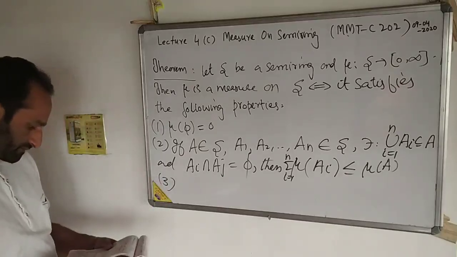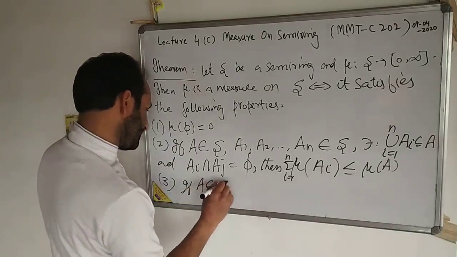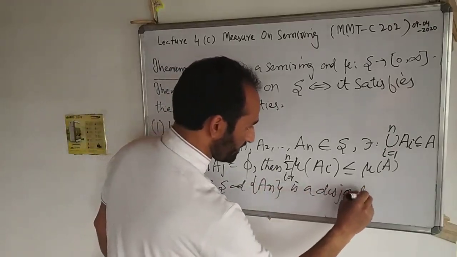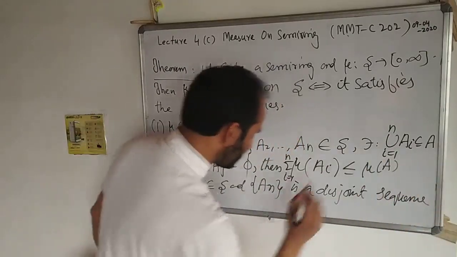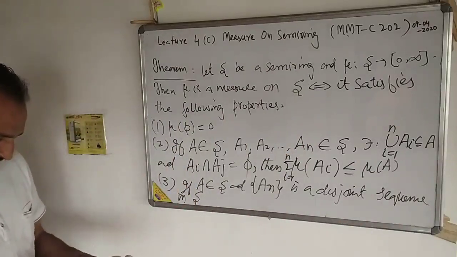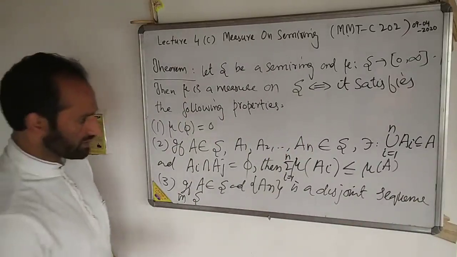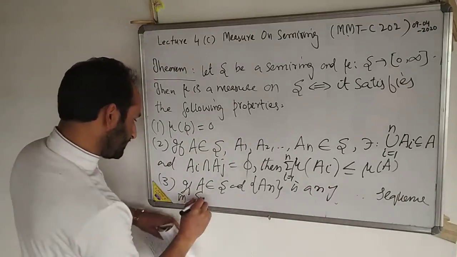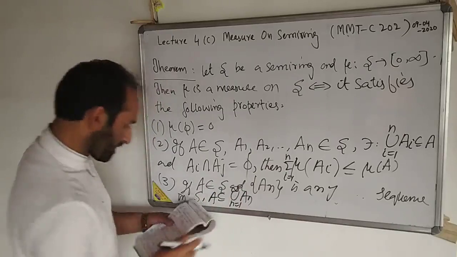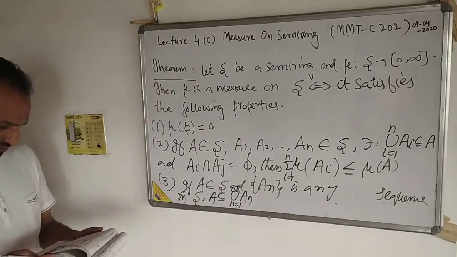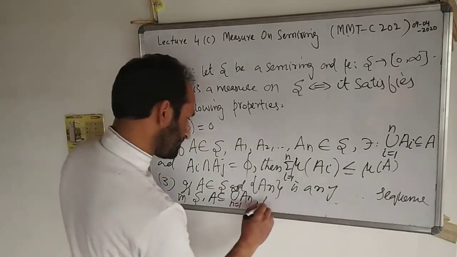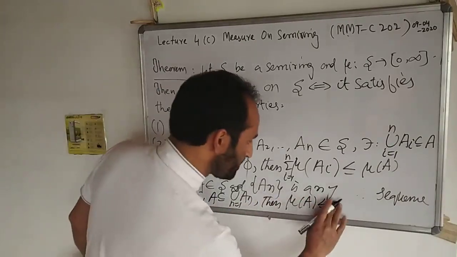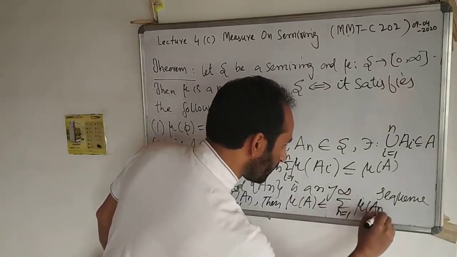And the third property is: if A is in S, and AN is a sequence in S, not a disjoint sequence, it's any sequence in S, with A a subset of the union AN, N runs from 1 to infinity, then mu of A is less than or equal to the summation, N runs from 1 to infinity, mu of AN.